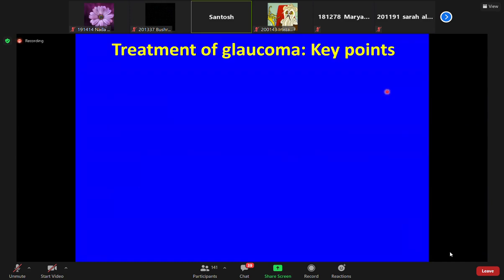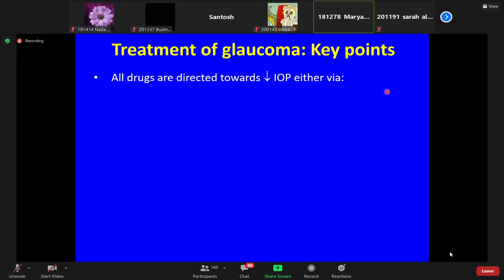Okay, so let's just recap very quickly. Treatment of glaucoma, key points. All drugs are directed towards decreasing the intraocular pressure by, how do you do that? Now we're just recapping the whole lecture.